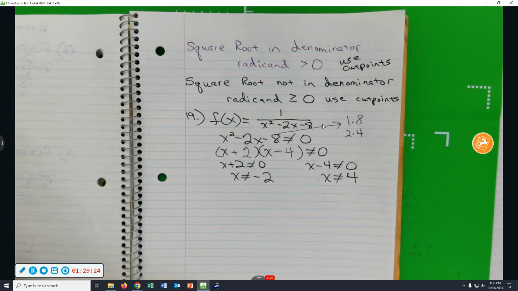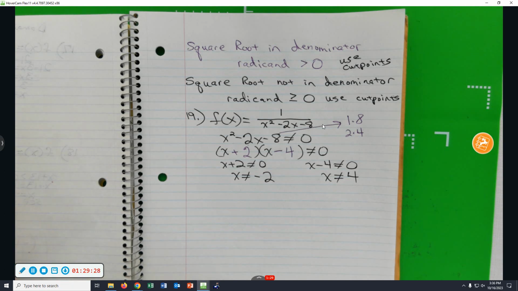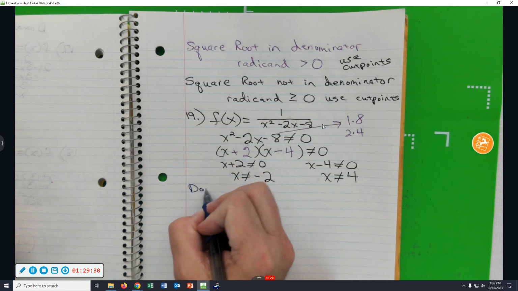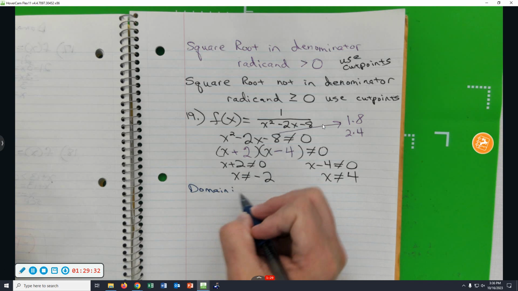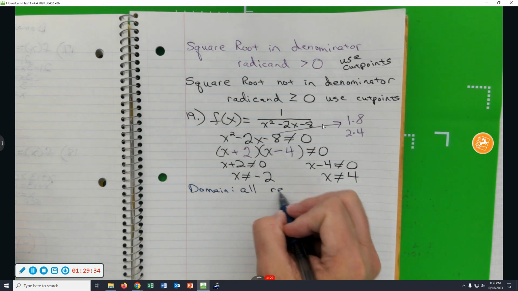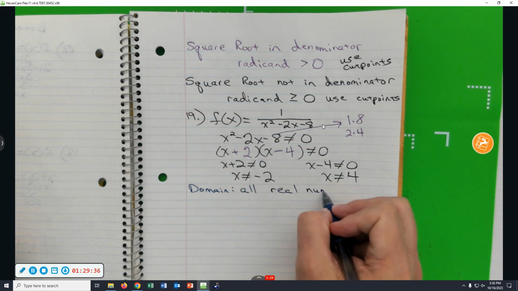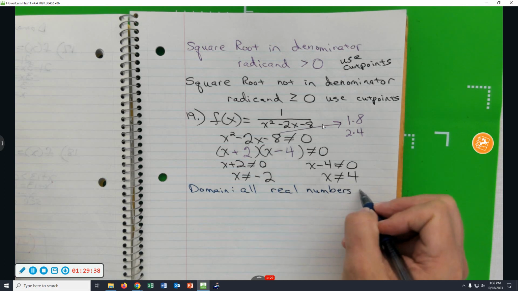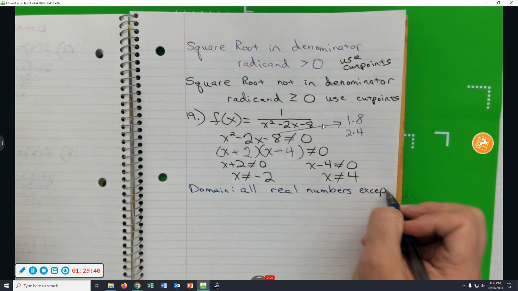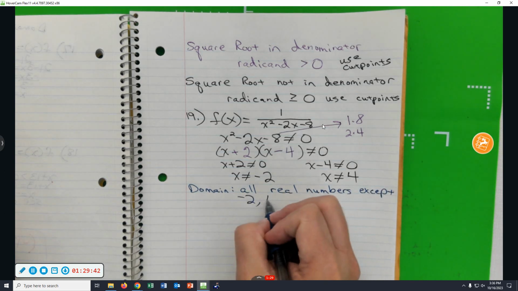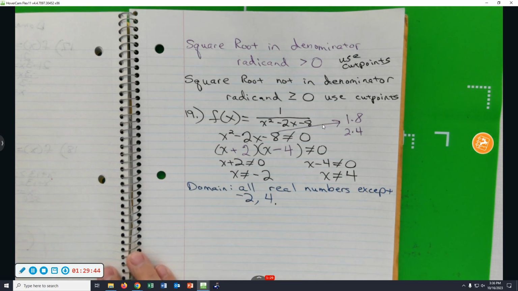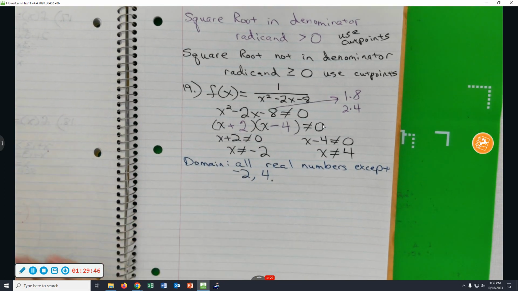Well, any number except negative 2 and positive 4. So I could write that out in words. The domain: all real numbers except -2 or +4.